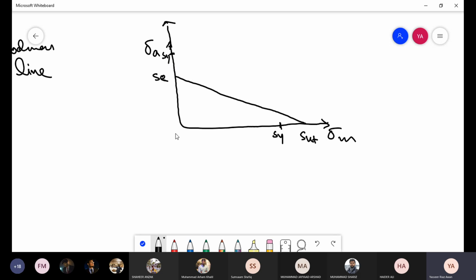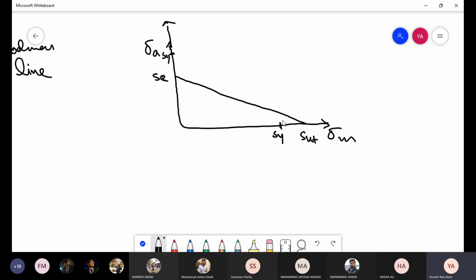So when sigma M is equal to 0, if you are within SE, there is no chance of going over SY. But obviously for sigma A equal to 0, this is the static case, so obviously we have to consider yielding.